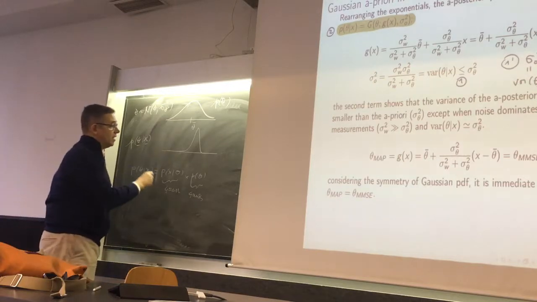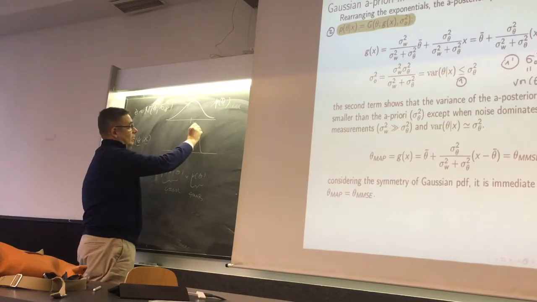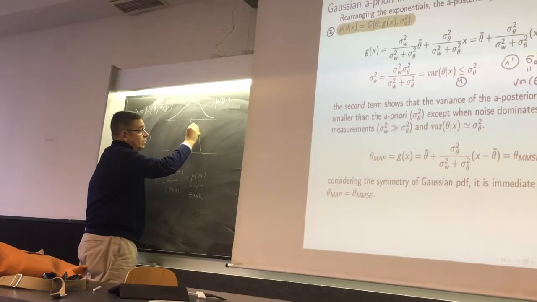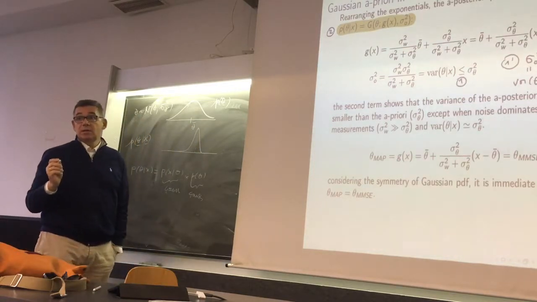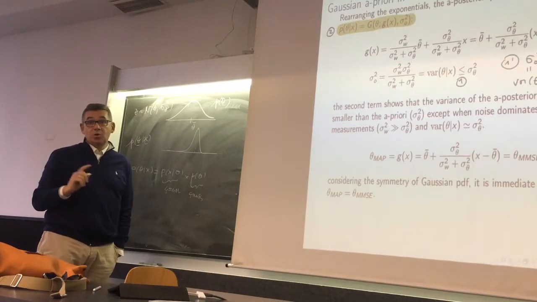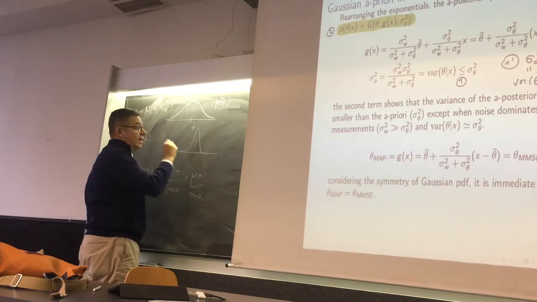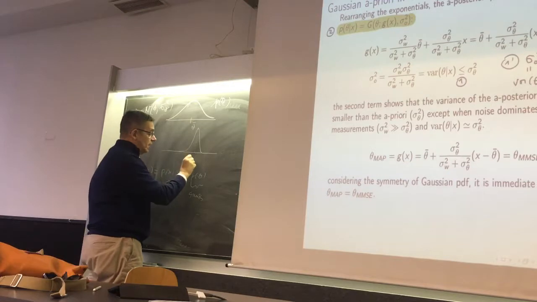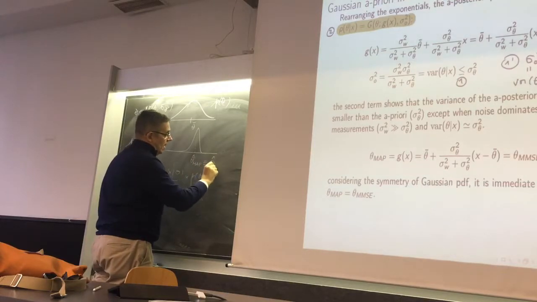So if this one is the a posteriori, and if I ask you, you know, where is the maximum? Well, if this one is Gaussian, remember, this one is Gaussian, then you know the maximum coincides with the mean. Because the mean and the maximum coincide. So we can say that in this special setting, if the a posteriori probability density function is Gaussian, then theta at maximum a posteriori coincides with theta MMSE.